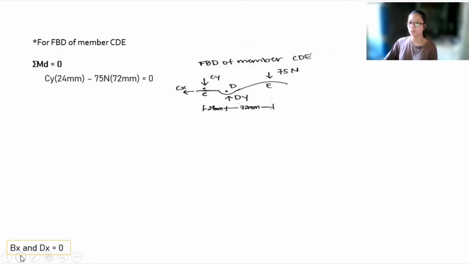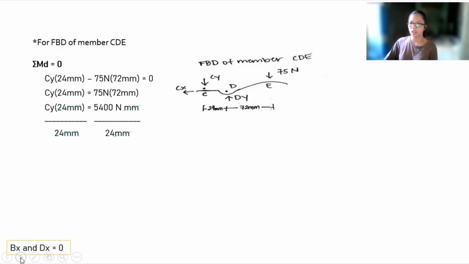So I have here Cy multiplied by its moment arm, which is 24 millimeters, subtracted by the 75 Newton force with its moment arm 72 millimeters equal to 0. Then I equate, and to get Cy, I divided both sides by the 24 millimeters.